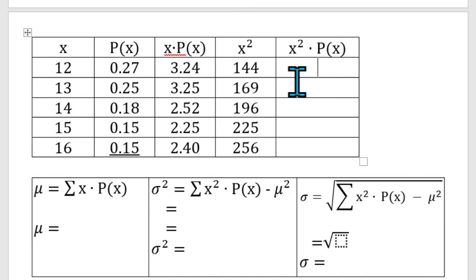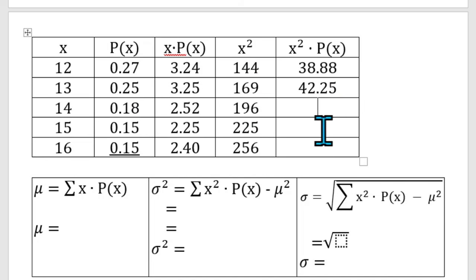We have 144 times 0.27, and that is equal to 38.88. Next is 169 times 0.25 is equal to 42.25.